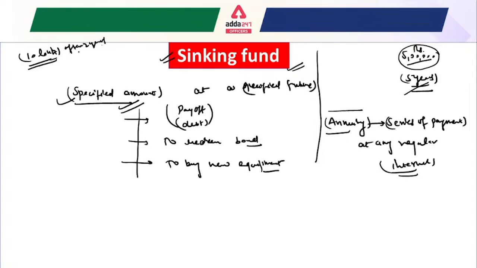So you simply deposit some amount, or cut out some amount from your monthly or yearly salary, into some kind of fund. That accumulates, and after 2 years you can easily purchase whatever car you want. Okay, so that is the basic purpose, or the basic meaning of the sinking fund, right?